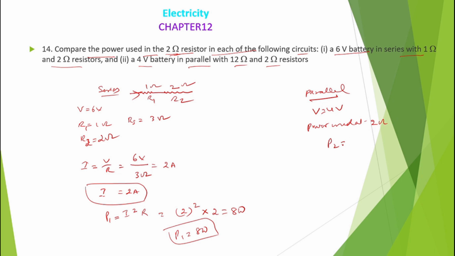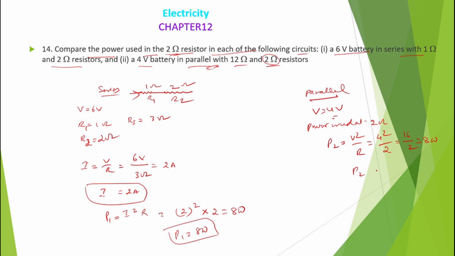P2 is equal to V square by R. V square is 4 square, and he is asking at the 2 ohm resistor, so that is 16 by 2, which is equal to 8 watt.